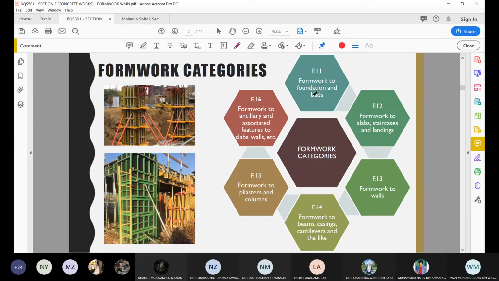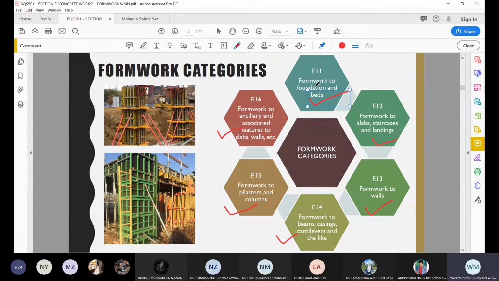Then kita move to formwork to slab, staircase and landing. 13, formwork to walls untuk dinding. 14, formwork to beam, casings, cantilevers and the like. 15, formwork to pilaster and column. And 16, formwork to ancillary and associated features of slab, wall and etc. Benda-benda yang lain-lain lah.